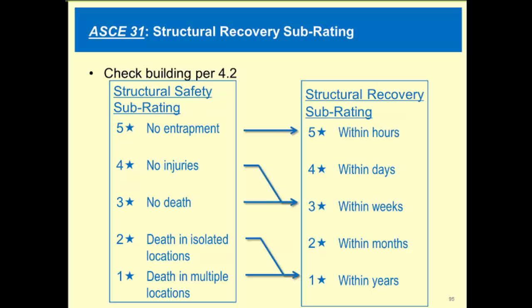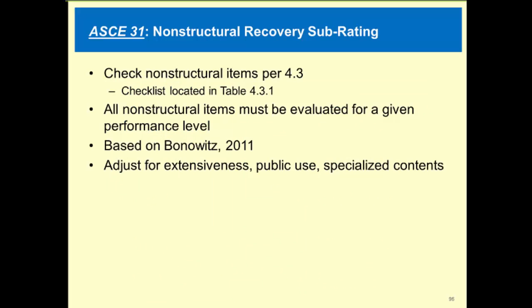I'll be totally honest, it's very confusing between having a safety rating and a safety subrating, so I've tried on all these slides to indicate exactly what it is that you use in order to translate from one to the other. In this case, we are using just the safety subrating in order to translate into the safety structural recovery subrating.